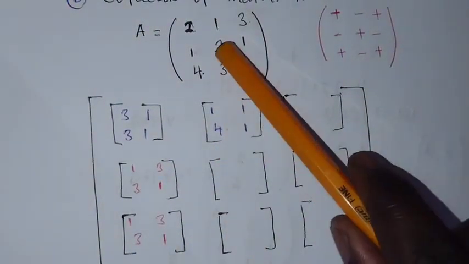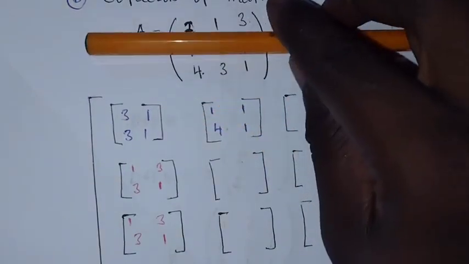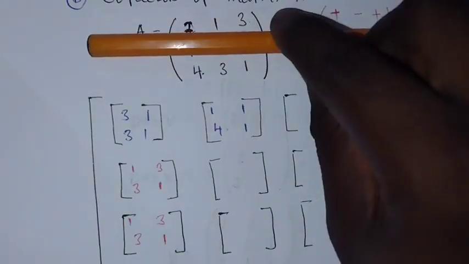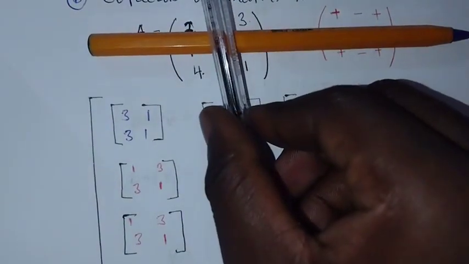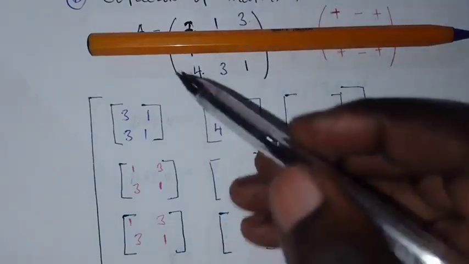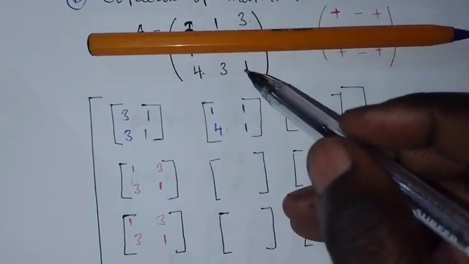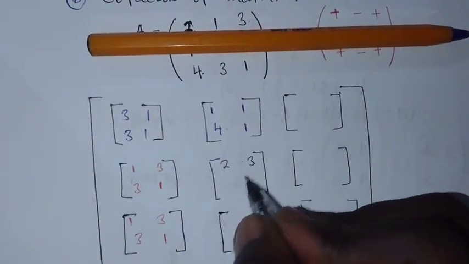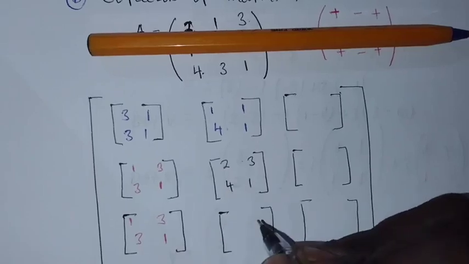We come to these 3 right here. You do the same. So you can see that we are just doing one and the same thing. When you cover the entire row here and you cover the entire column here, you can see what you are remaining with. There is a 2, a 3, a 4, and a 1. So you write here, you remain with a 2, a 3, a 4, and a 1.